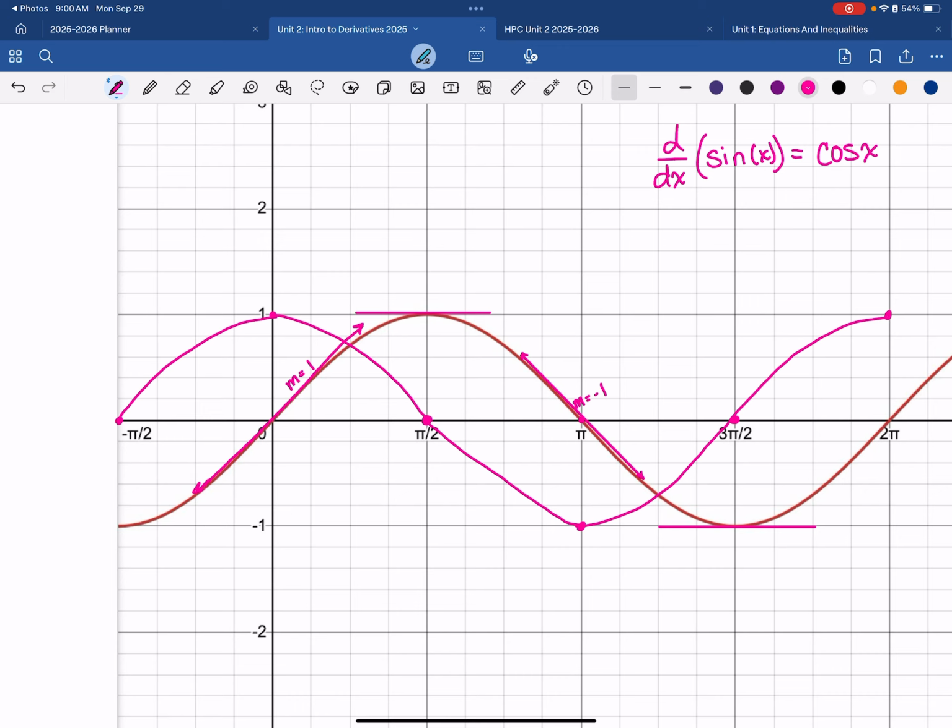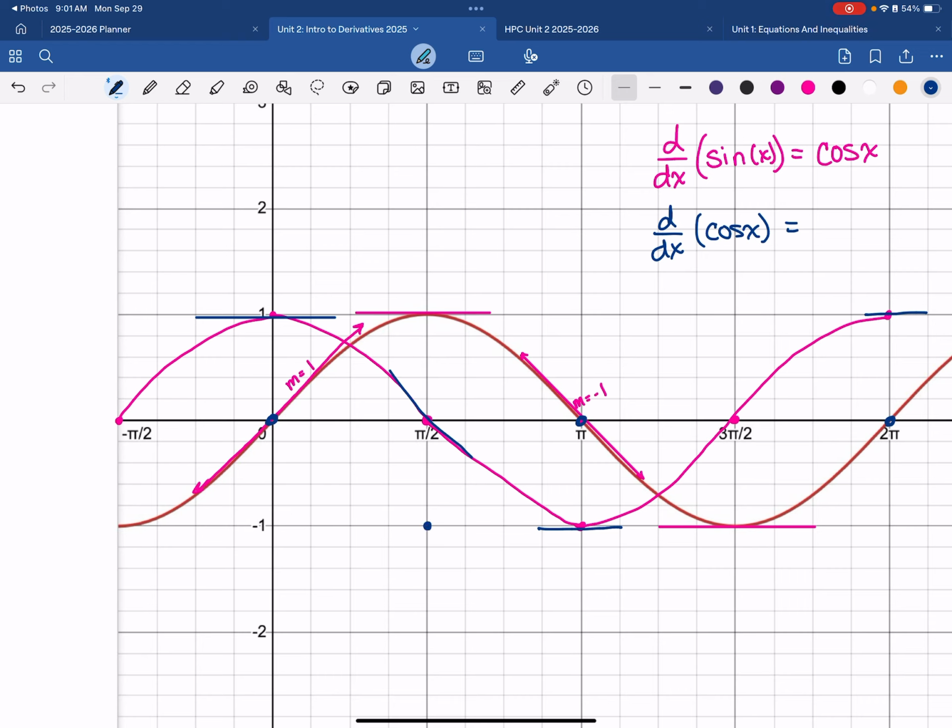All right, now let's take this graph that we've just graphed and look at the derivative of cosine of x. I'm going to do that one in blue. Following the same logic, notice that I have a slope of 0 here, a slope of 0 right here as well, and I would have a slope of 0 right there if I had kept that moving along. Now at pi over 2, I have a slope of -1, so I'm going to bring that down here.